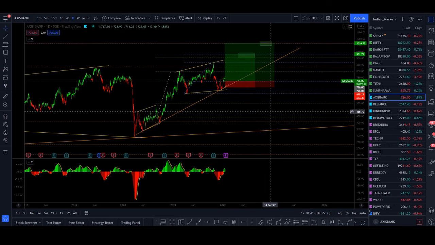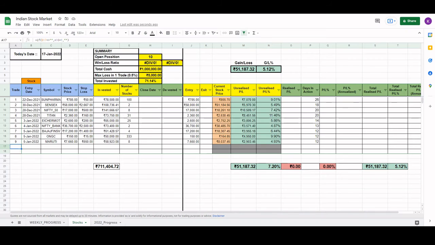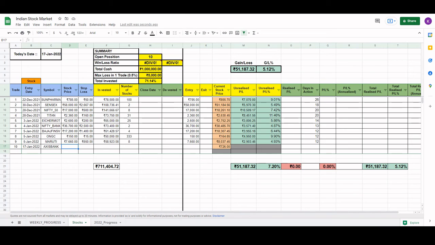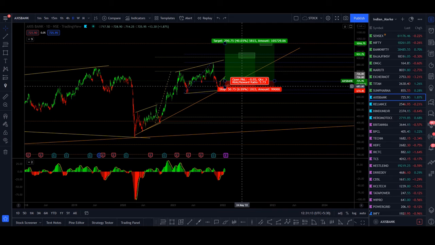Okay, now let's add this trade to the spreadsheet. So we have taken the trade on 17th, and that's for Axis Bank, and the entry point is 726 rupees, and the stop loss is 50 rupees.